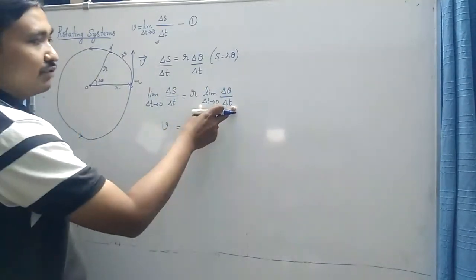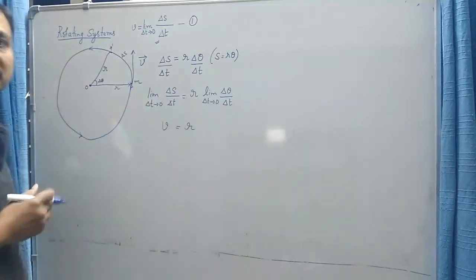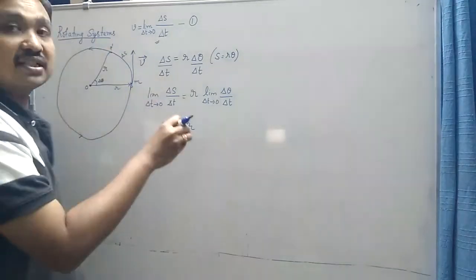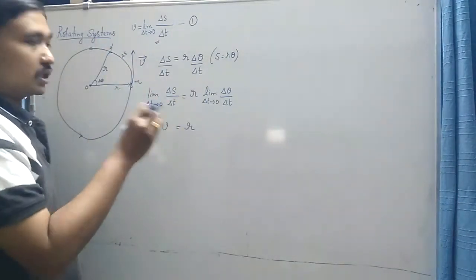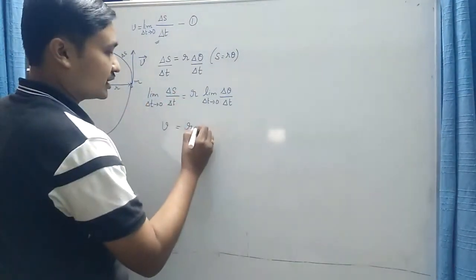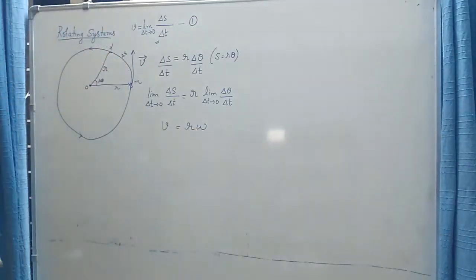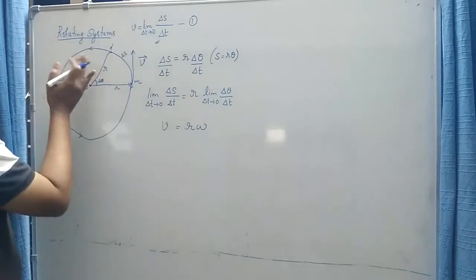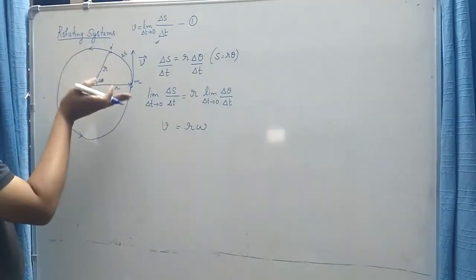This term represents the rotational behavior of the particle, and that velocity is called the angular velocity omega. So angular velocity omega is nothing but the rate of change of the angle with respect to time.